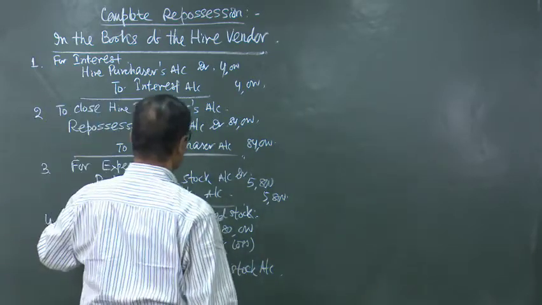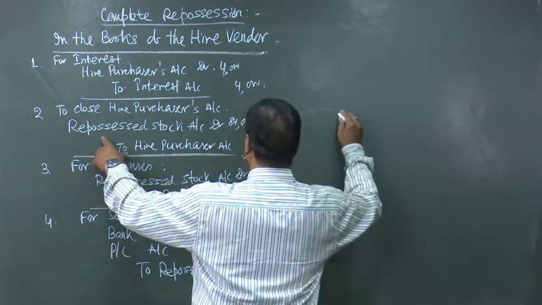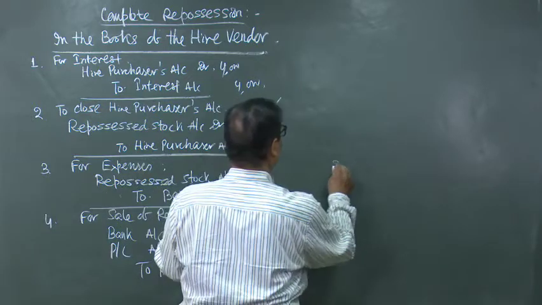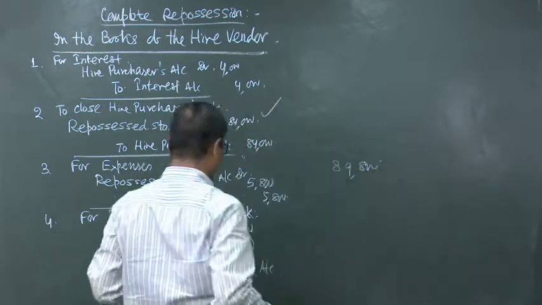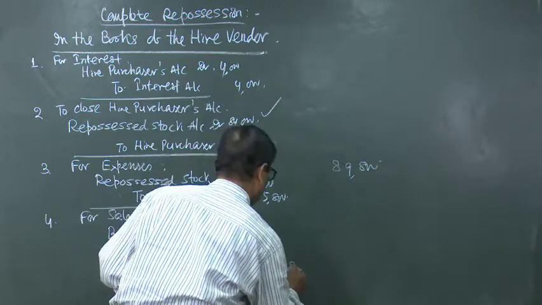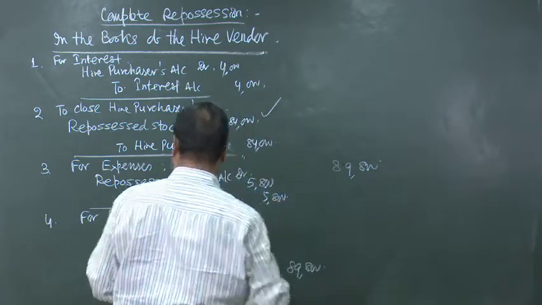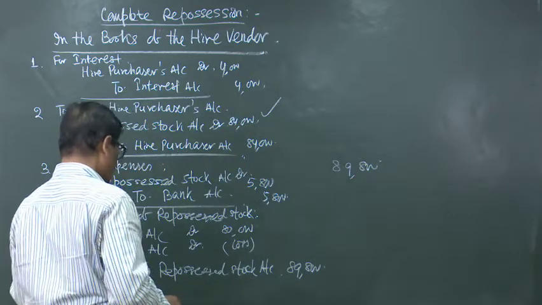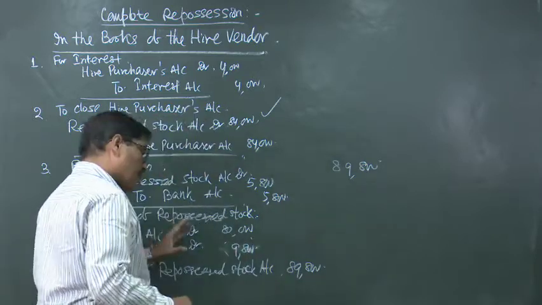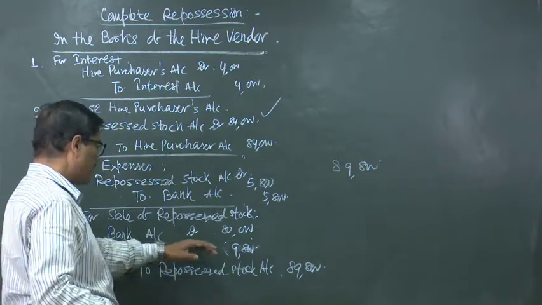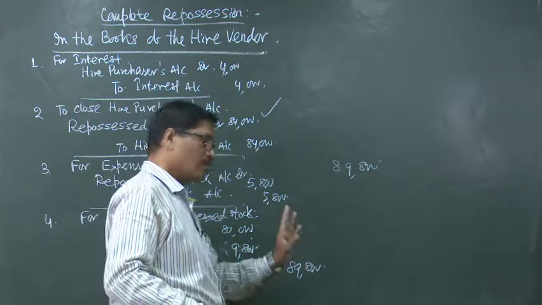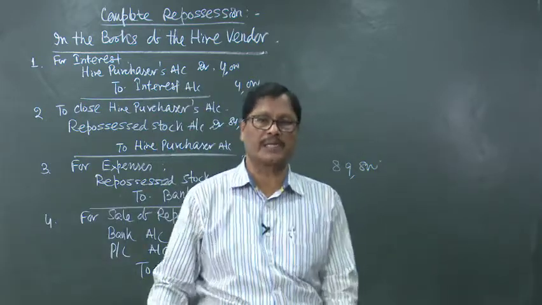What is the balance of repossessed stock? It was 84,000 debit, again debited 5,800, total 89,800. But we are getting 80,000. That means there is a loss, and the loss is amounting to 9,800. If there would have been profit, instead of writing profit and loss account debited, we would have written to profit and loss account, within bracket profit, whatever it may be, if it would have been more than 89,800.